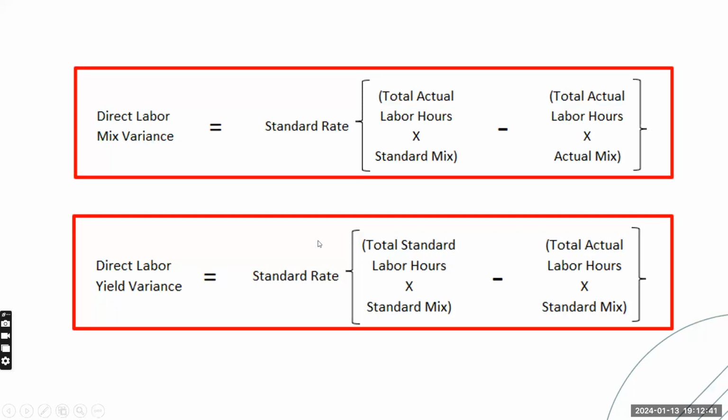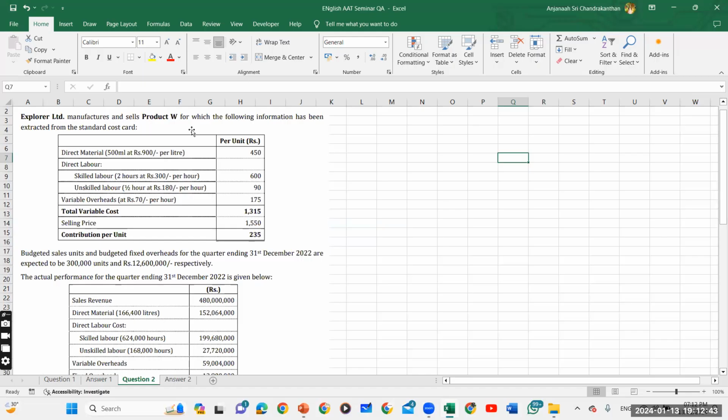Total of those two multiplied by the standard mix. What is the standard mix? It is 2 over 2.5 total. That is your standard mix for skilled labor. Then what is the standard mix for unskilled labor? It's 0.5 over 2.5.